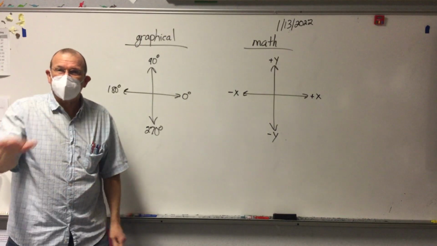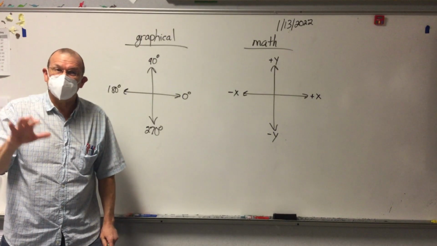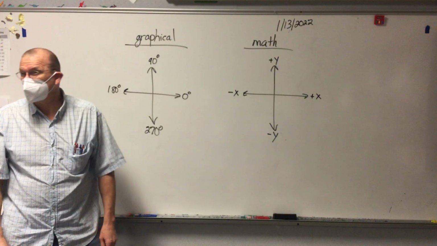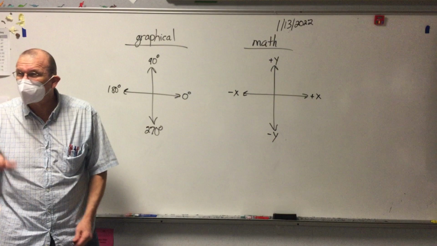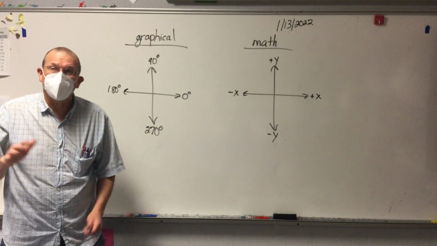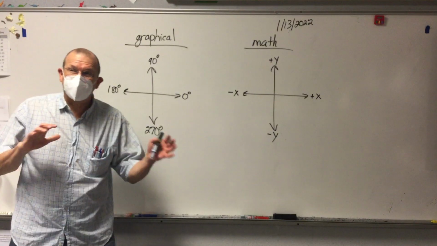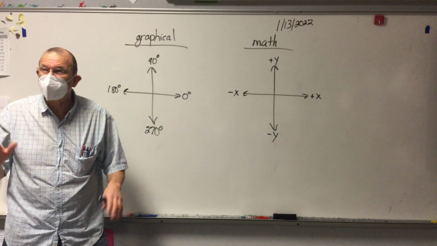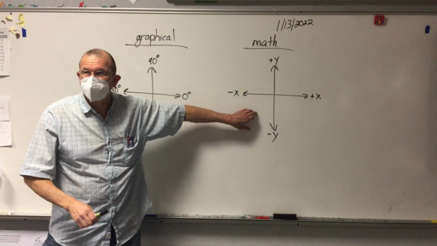And this is where I do have to ask again, how many people have done vectors in their math class? A little. Do you recall the terminology of the I unit vector and the J unit vector? Kind of remember that? That's what this is.